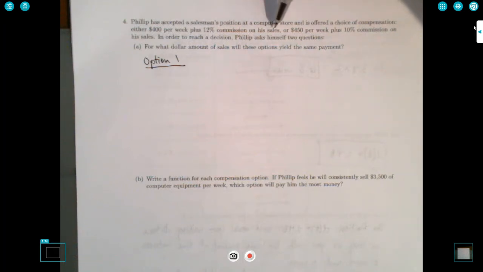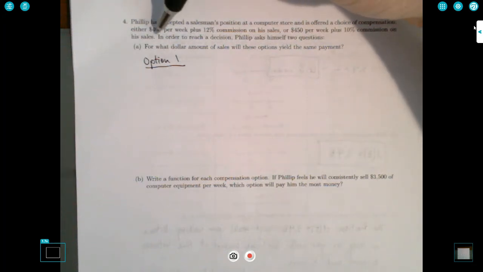So let's say that he sells X dollars worth of stuff. Then his commission is going to be 12% of X, which you would rewrite as 0.12 times X. That's how much commission he makes, but then he also gets his flat weekly rate of $400. So the total amount of money he would make in option 1 would be 0.12 times X plus 400.